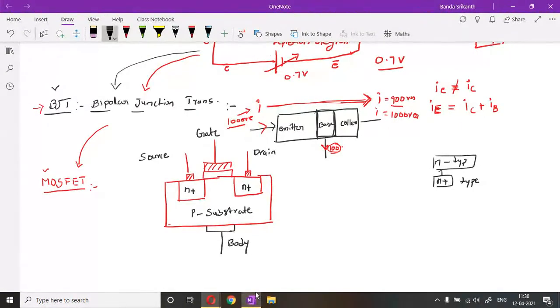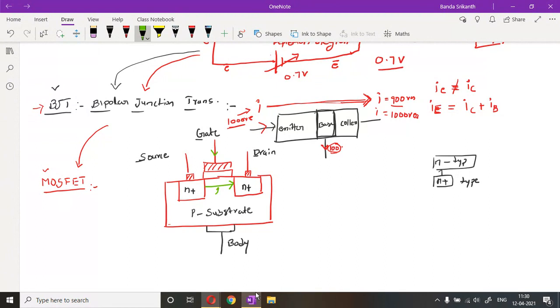Here the source will emit the electrons, the drain will collect the electrons, and the gate will be used to control the flow of electrons from source to drain.